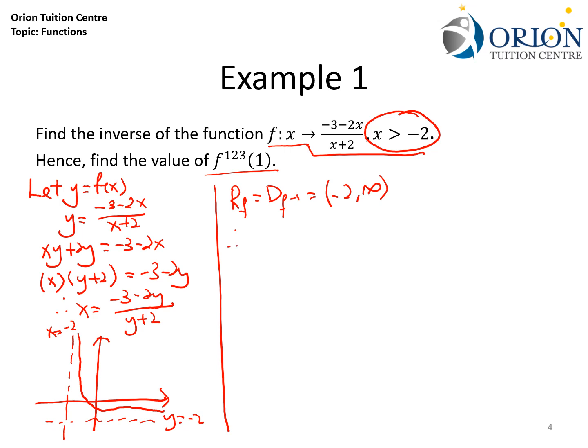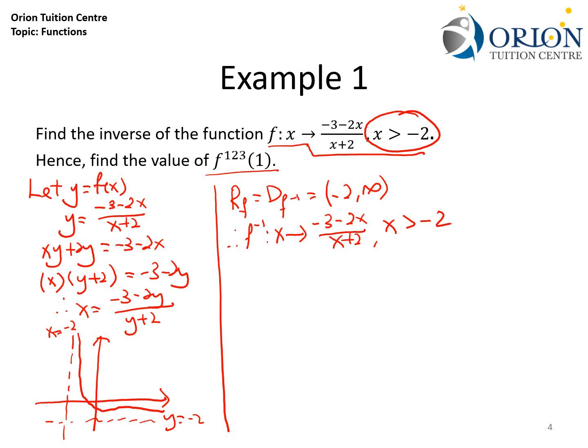Therefore, we can conclude that f inverse x can be mapped onto the exact same definition, minus 3 minus 2x over x plus 2 for x more than minus 2. And thus, we see that f is actually a self-inverse function.